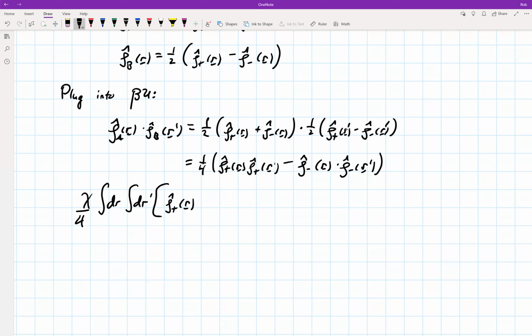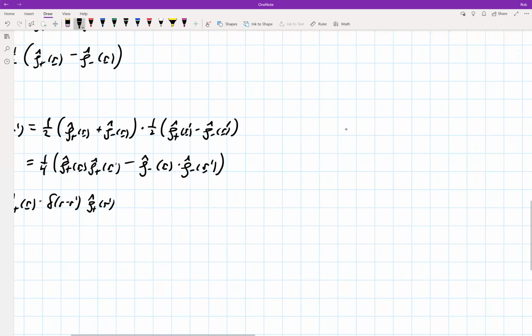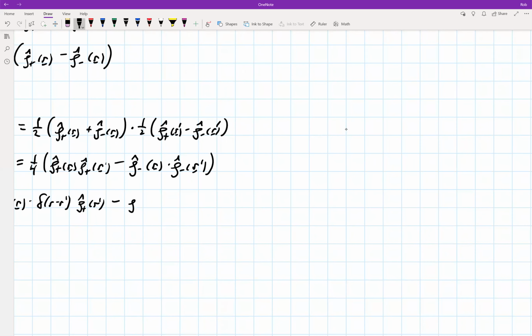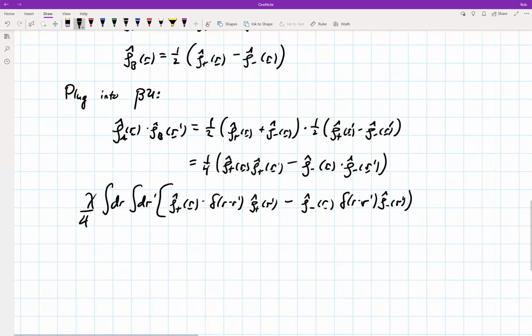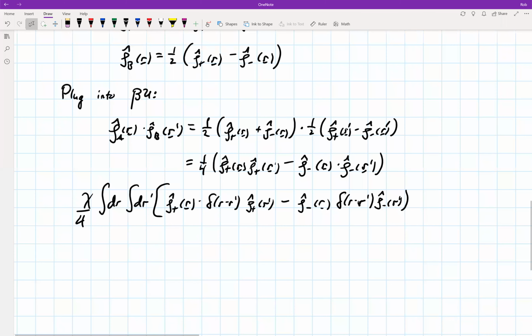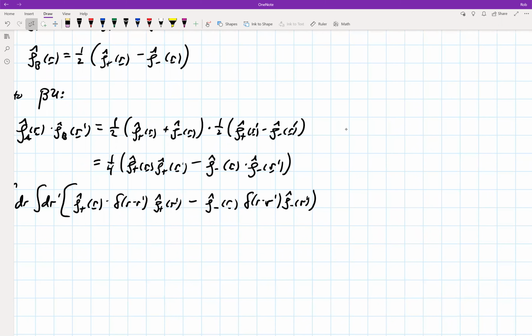So rho of r, delta of r minus r prime, rho hat plus of r prime, and then minus rho hat minus of r, delta r minus r prime, rho hat minus of r prime. All right, and all of this is still under the integral sign, so make sure that that's clear.